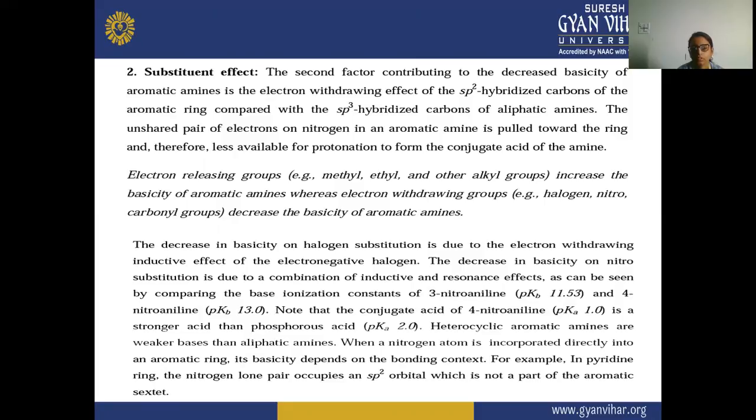Heterocyclic aromatic amines are weaker bases than aliphatic amines. When a nitrogen atom is incorporated directly into an aromatic ring, its basicity depends upon the bonding context.